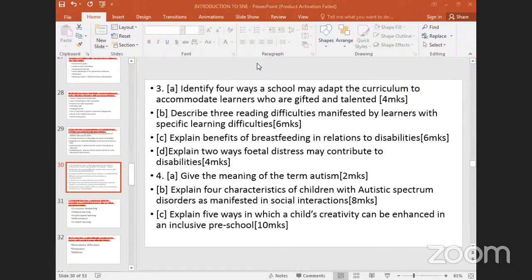So this question is telling you to pick out 4 ways a school may adapt the curriculum in order to accommodate. What is the other synonym of accommodate? To suit. To include. To contain. To fit. Yes, to include. It is very important. So therefore, what do you think is one of the ways?